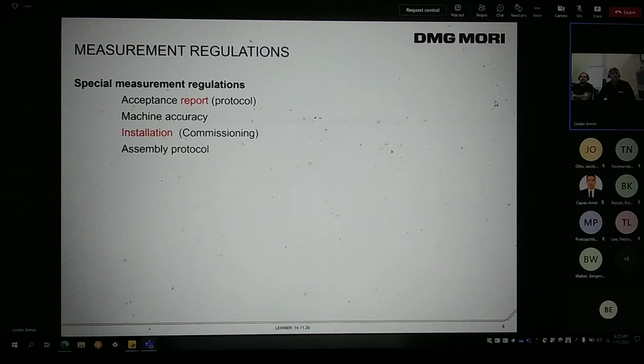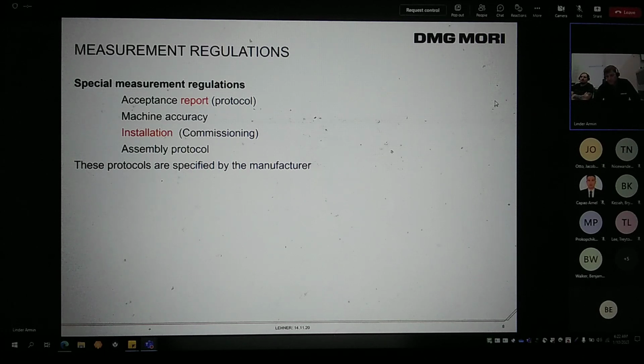And also we have an installation or a commissioning protocol that, if you had to do it in the past, I think you also gave to the customer, an installation or commissioning protocol of your measurement. And also sometimes we have assembly protocols. So protocols are specified by the manufacturer.